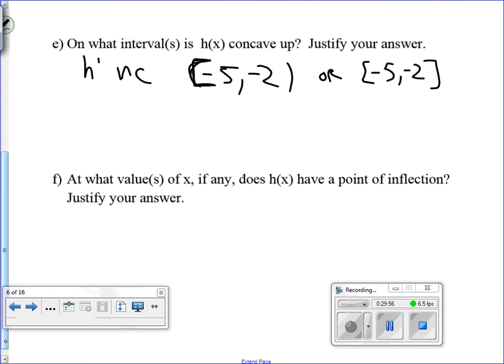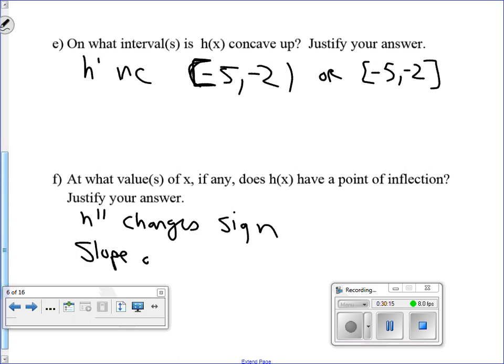Okay, then F. At what values of x does h have a point of inflection? Well, we know that's when the second derivative changes sign. And we know the second derivative is just the slope, or the derivative of the first derivative. So we got to look where the slope of what we're looking at, h prime, changes sign.